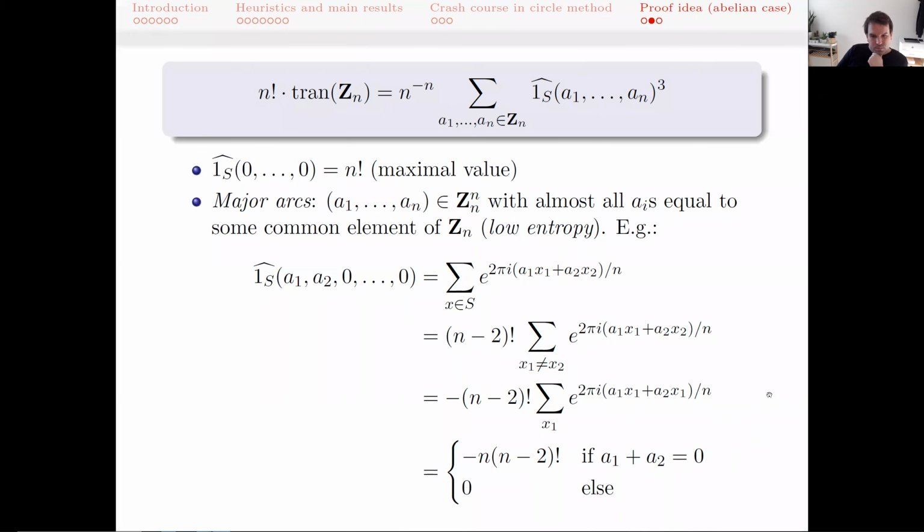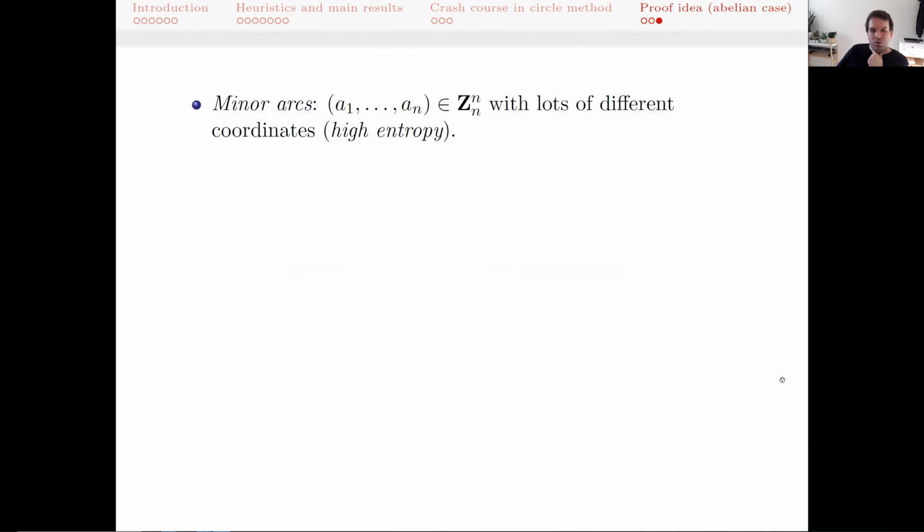Okay. So we think of this n times (n-2)! as being quite close to this maximum value. And to show you that these Fourier coefficients can actually be much smaller than what we got here, you can consider any of the minor arcs.